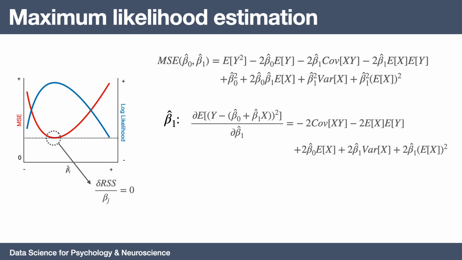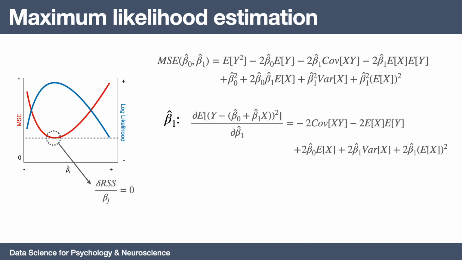If we take those derivatives, we get negative 2 times the covariance of xy, minus 2 times the expectation of x and the expectation of y, plus 2 times beta naught times the expectation of x, plus 2 times beta 1 times the variance of x, plus 2 times beta 1 times the expectation of x, squared.